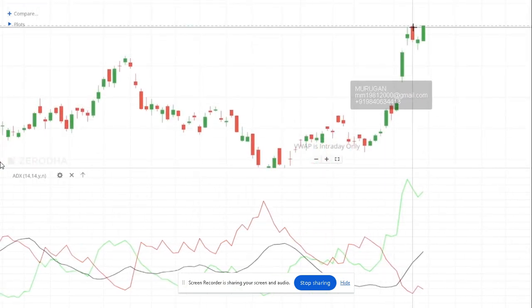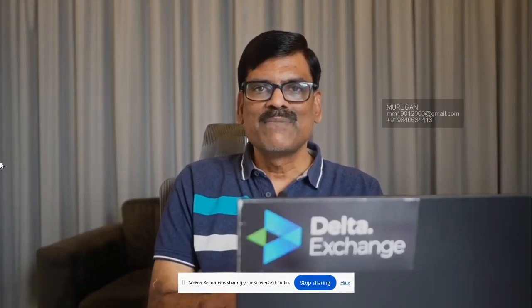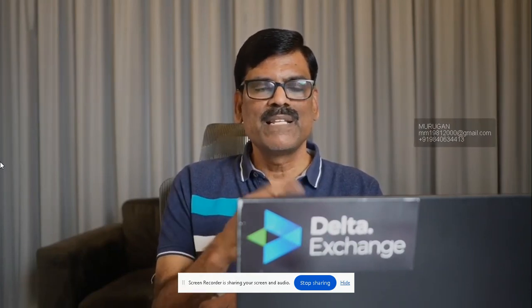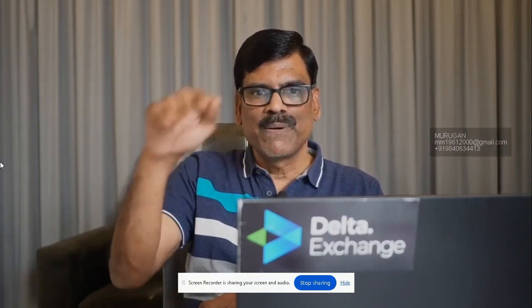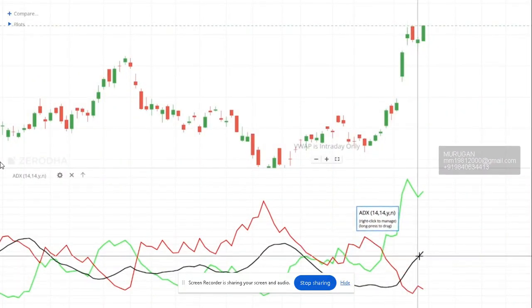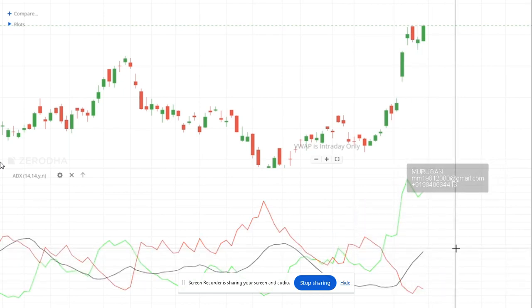Now when will the market peak out? The market is still bullish, but when it is likely to peak out, you have to see that this black line, the average directional index, should not go upward. It should turn sideways, or you have to turn down.